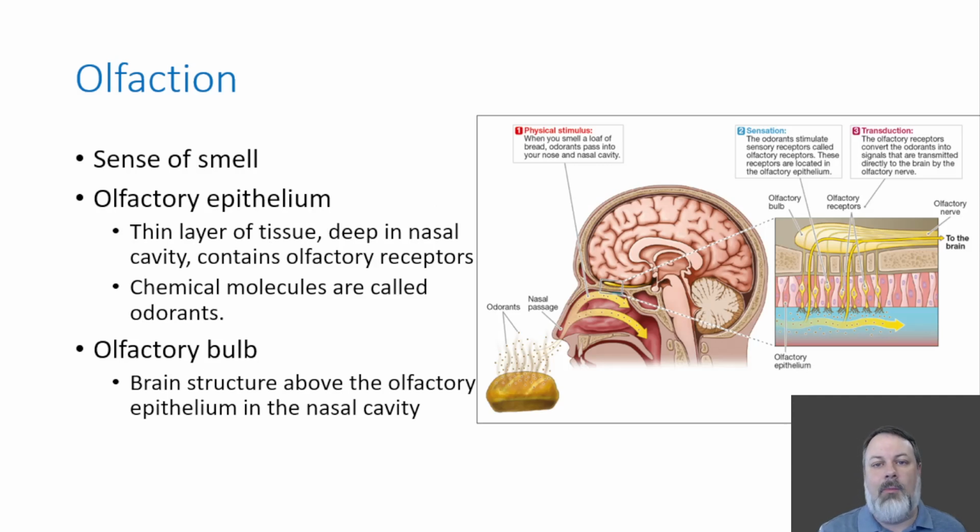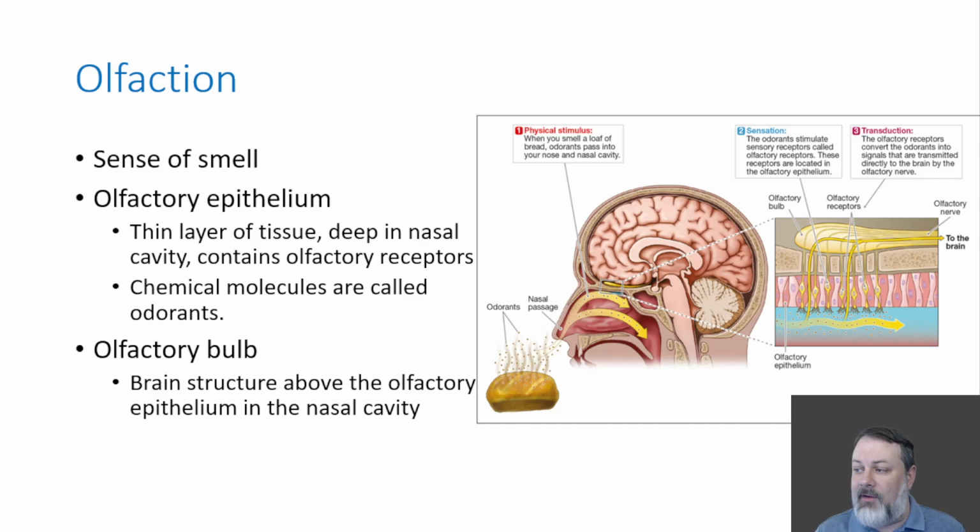So, the other chemical sensation is the sense of smell, or olfaction. And so, we have this olfactory epithelium, which is this thin layer of tissue that's deep in your nasal cavity, that contains olfactory receptors.